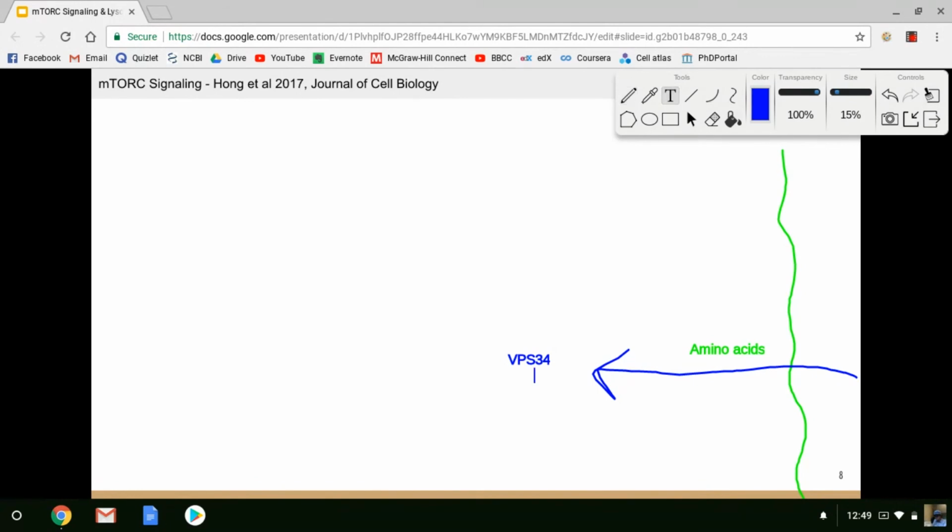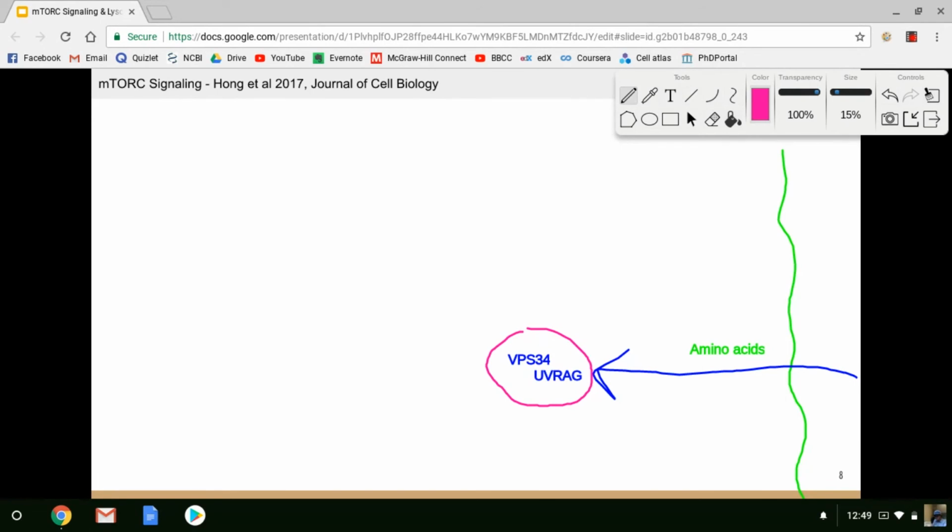And I also want to add that this VPS34 that's being activated is in complex with UVRAG, which is important to note because VPS34 is also critical for autophagy. And this pathway that we're talking about is basically inhibiting autophagy.